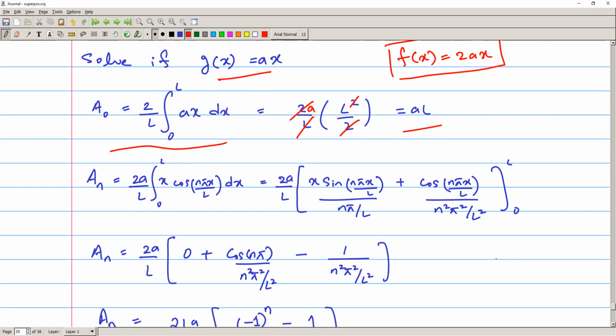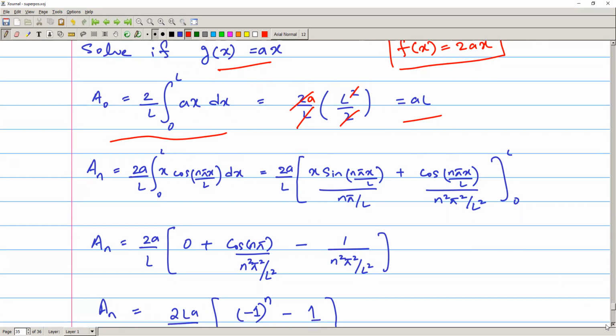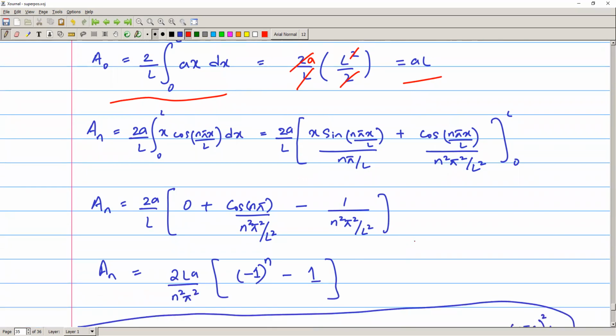Here it's A, right? And then we will calculate An. So again, An will be 2A over L times the integral of x cosine n pi x over L dx. We will integrate this using the by-parts rule and we will get this function.